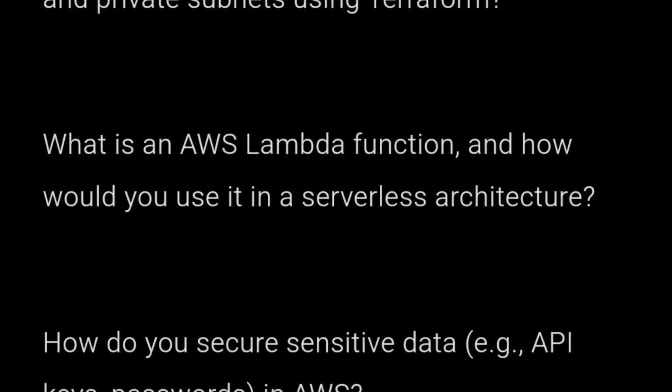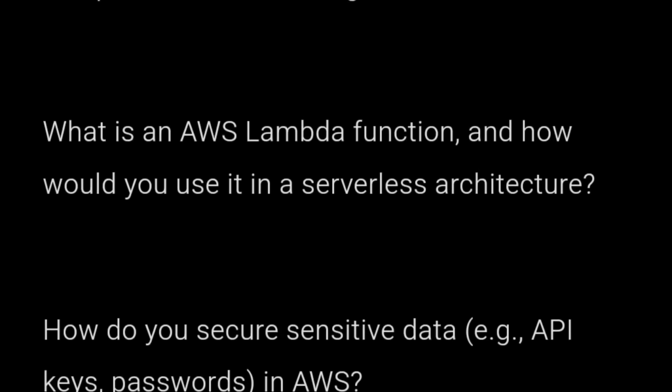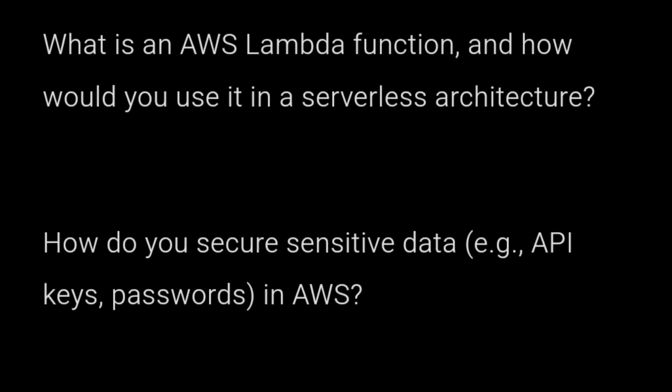In a serverless architecture, this is how Lambda functions are helpful: it reduces human effort. Let's say there is huge traffic on the website; if we opt for a Lambda function, we don't need to concern ourselves about how much infrastructure is required. This function automatically scales and manages the infrastructure.